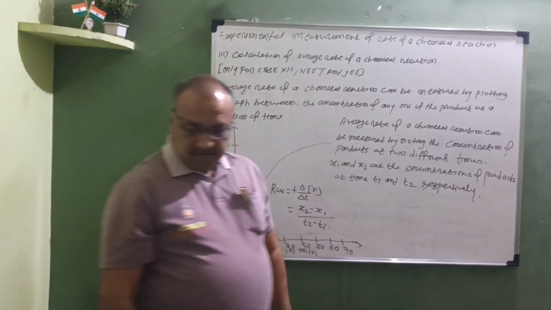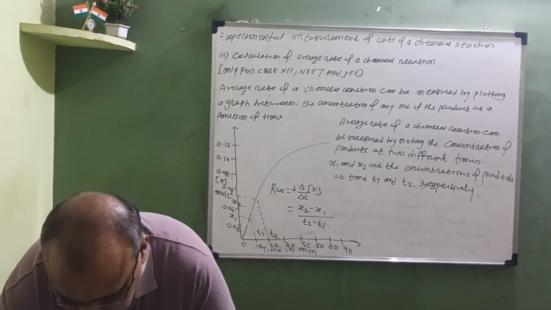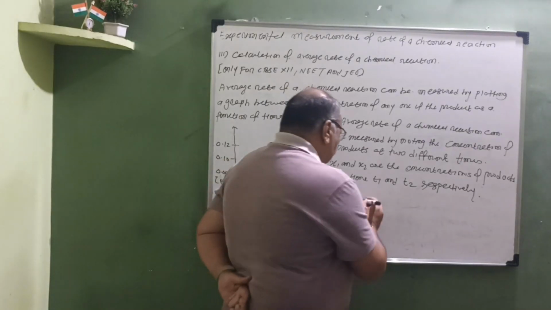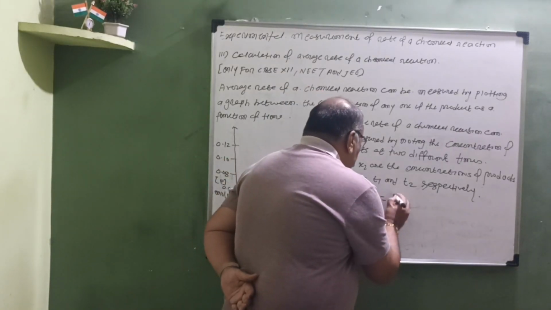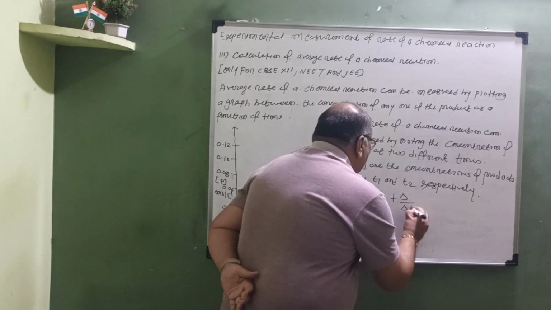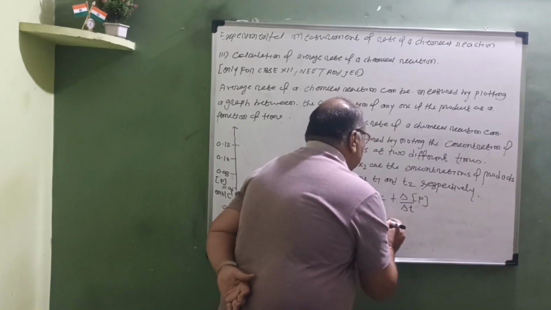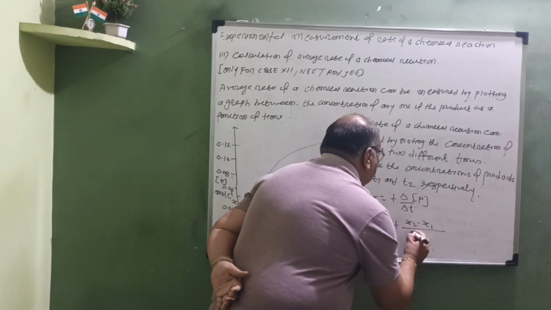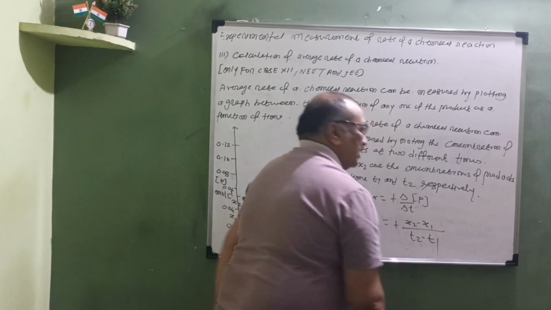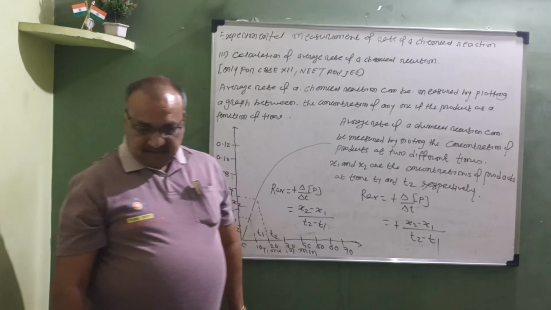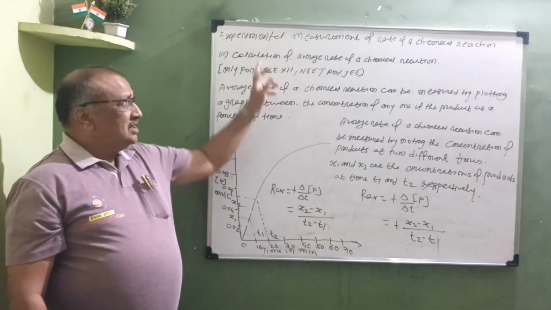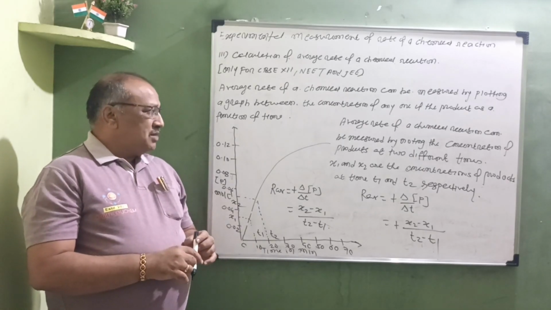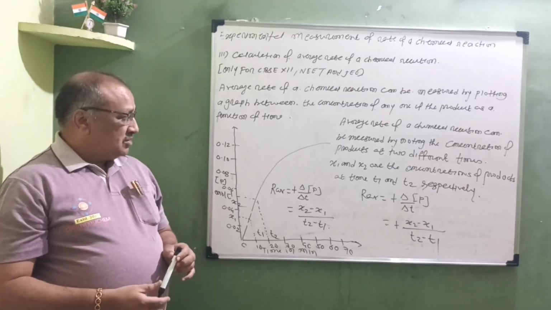That means here R average is equal to plus del of concentration of P upon del t, that means here plus x2 minus x1 upon t2 minus t1. That is, this is regarding the calculation of average rate of reaction by knowing the concentration of product.